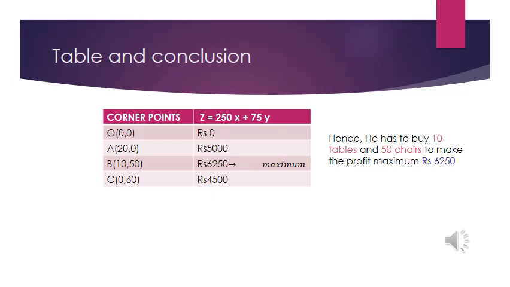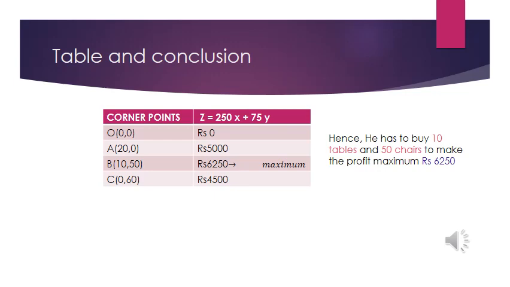Let us now compute the values of profit Z at the points O, A, B and C using the following table. This table consists of two columns. First one for corner points and the second column for the profit Z. Substitute the coordinates of O, A, B and C in the equation Z is equal to 250x plus 75y.